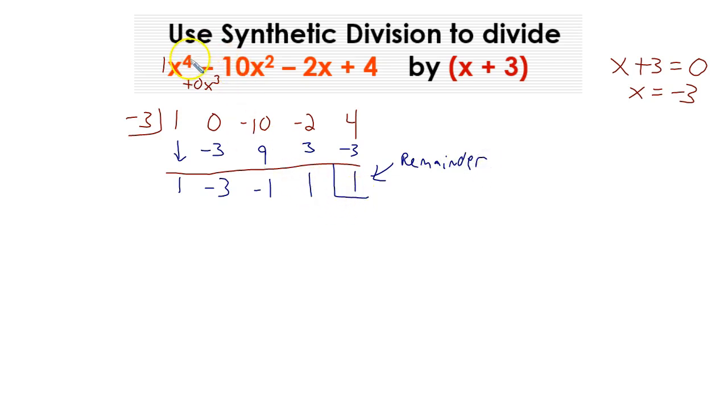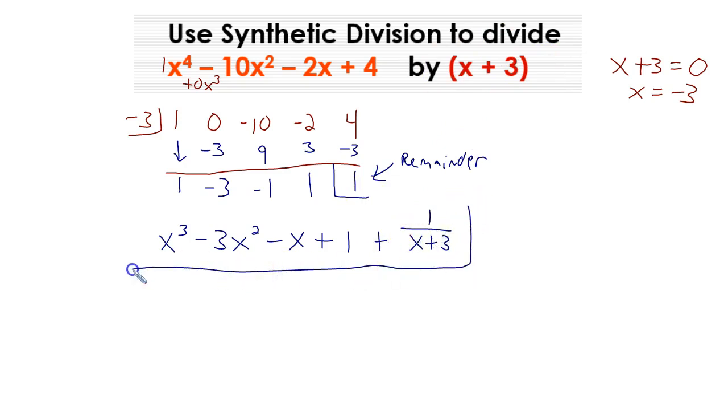Remember, if you start with a fourth degree, then these are the coefficients of a third degree, because we're dividing one of those x's out by dividing by x plus 3. So we get 1x to the third minus 3x squared minus 1x plus 1, plus the remainder over what we were dividing by, which is x plus 3.